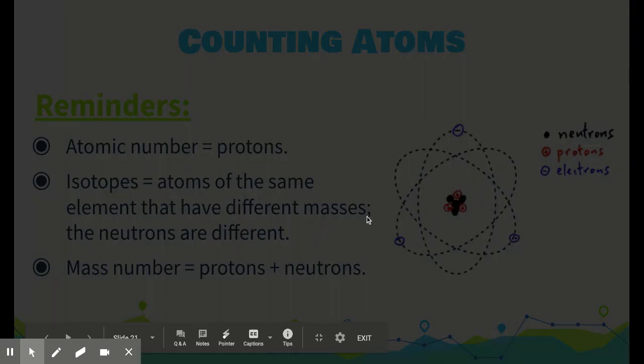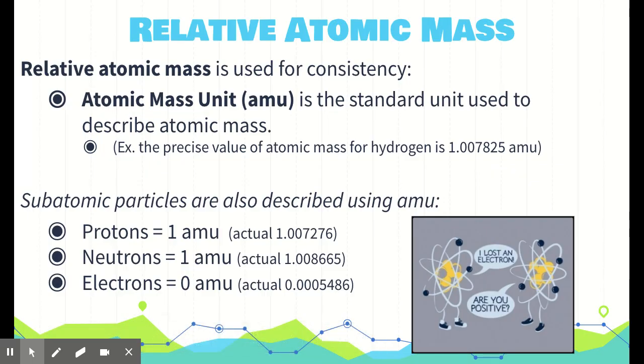With relative atomic mass, this is used more for consistency than anything else. When we start labeling values for atomic masses, we're going to label them as AMUs. That's the atomic mass unit. It's just the standard unit that we use to talk about atomic mass, and it really applies to your subatomic particles.